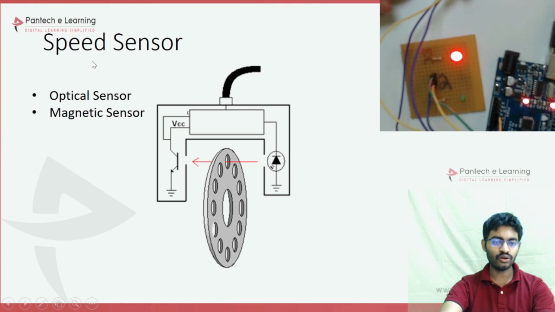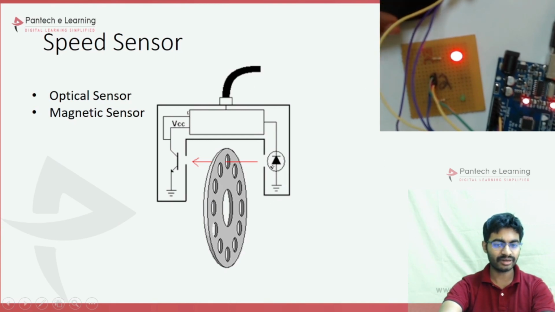The same applies if you go for the optical sensor. Within this gap we have an IR as well as a transistor. Whatever is being rotated at that speed gives some indication, and whenever it passes through, the data is calculated and updated inside the microcontroller.